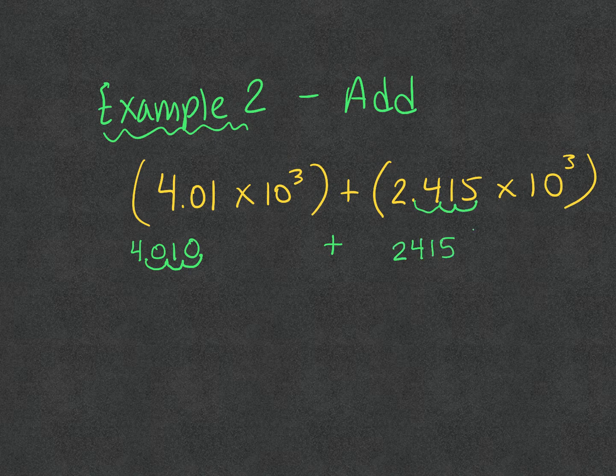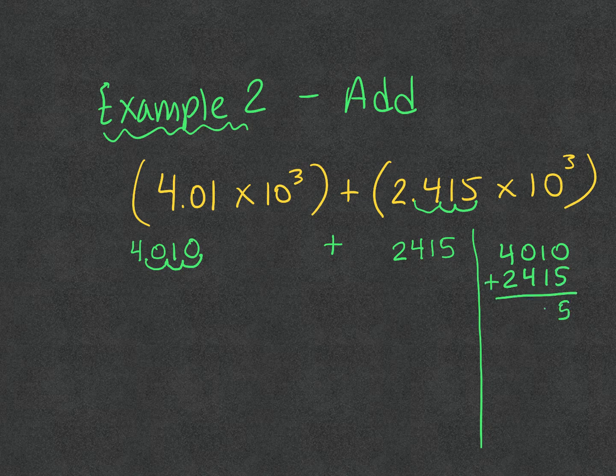So what you're actually doing, I'll show you off to the side, would be adding 4,010 and 2,415. When I do that, I end up with 6,425. Now, presumably they want that answer in scientific notation, so you would count your decimal point back to get you 6.4 times 10 to the 3rd.